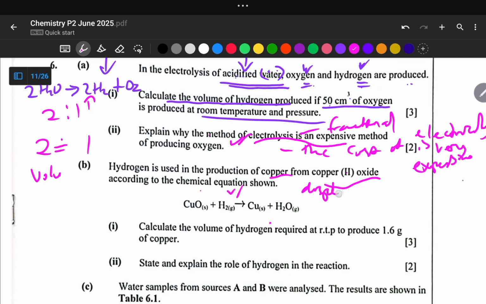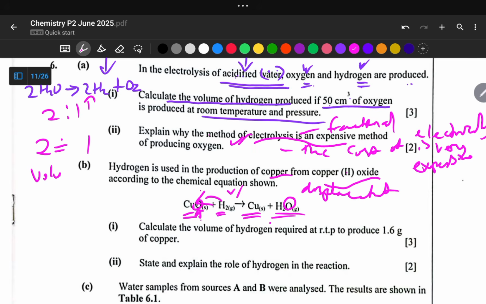We did the reactivity series, and we can deduce from it that hydrogen is more reactive than copper, so hydrogen can reduce copper. It can displace copper from its compound. Here copper has been displaced and hydrogen has been oxidized. Oxidation is defined as the gaining of oxygen, reduction as the loss of oxygen.